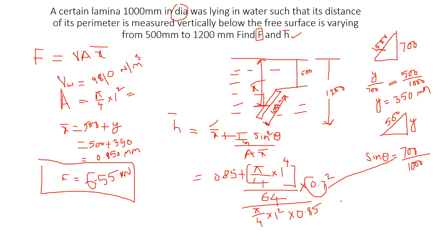Then you will get h bar. How much will you get h bar? H bar equal to 0.886 meters. Understood? So this is the way to solve the problem. Understood?